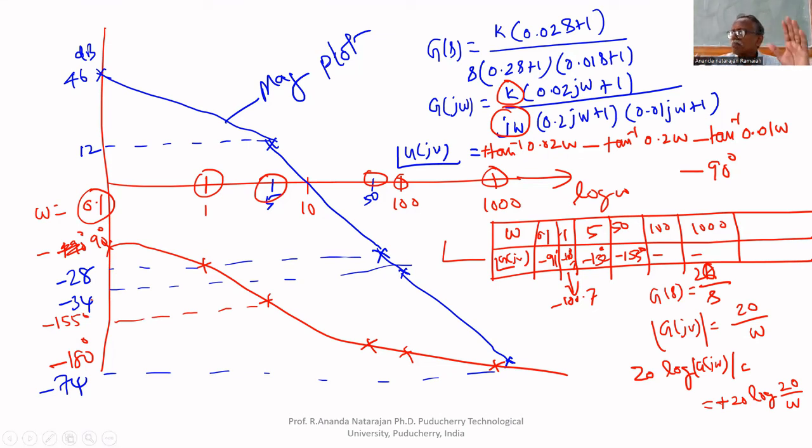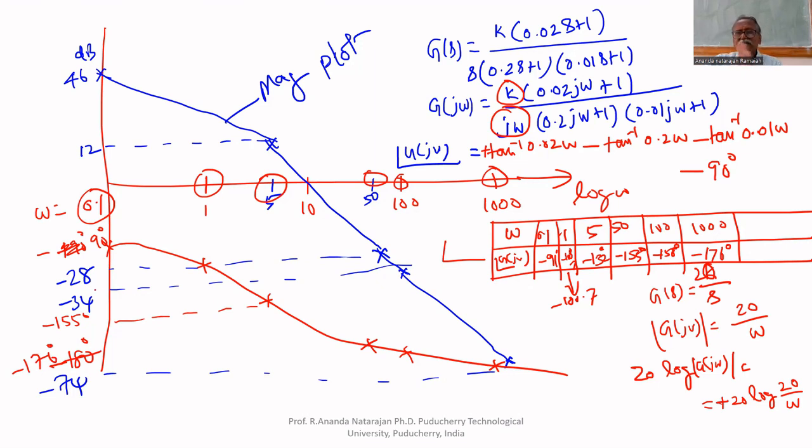Both in the same y-axis will be same. You have to mark 155 here. Don't draw separately because these two must be with the same x-axis. You have to draw with the same x-axis. Y-axis only you have to give different scale. That's all. Minus 176 is the maximum value.